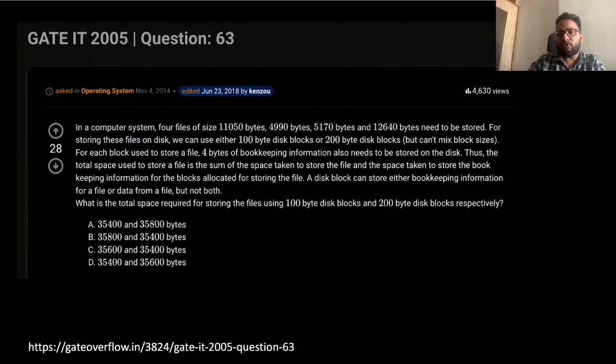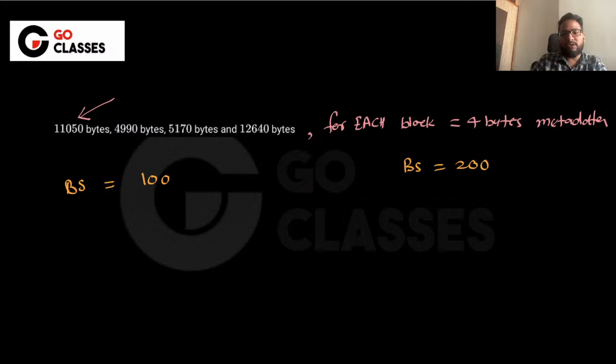What is the total space required for storing the files using the 100 byte and 200 byte blocks respectively? Let's see using the 100 byte blocks. How many blocks do you need for file 1?